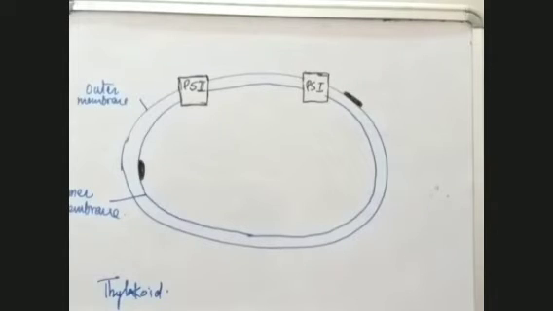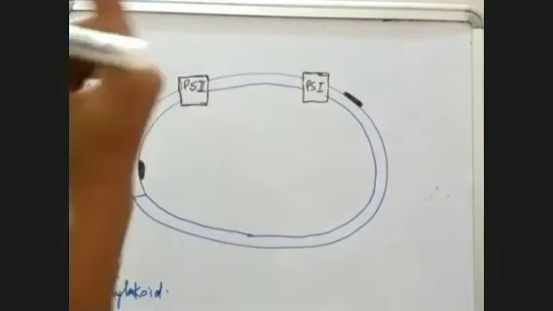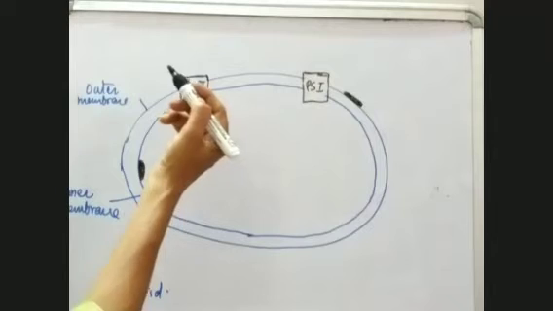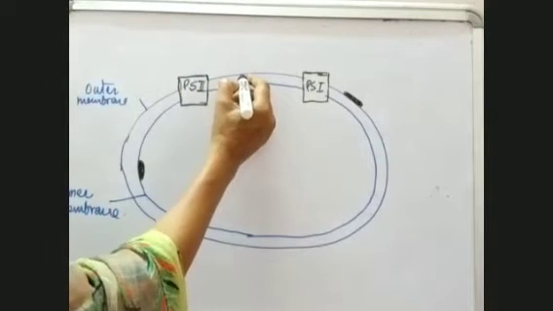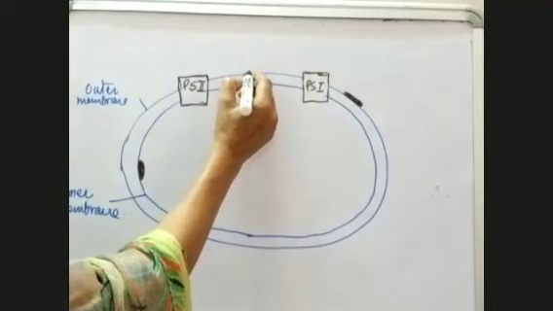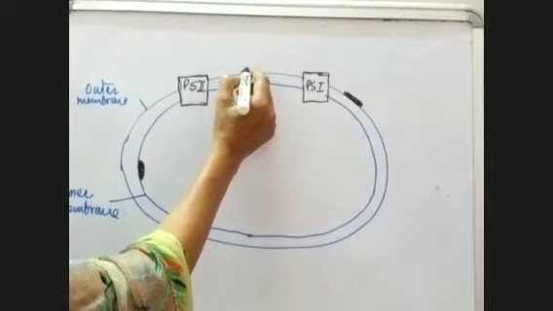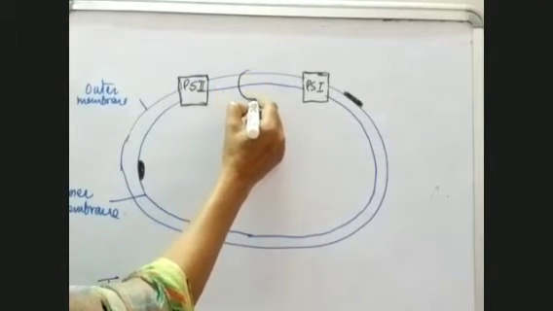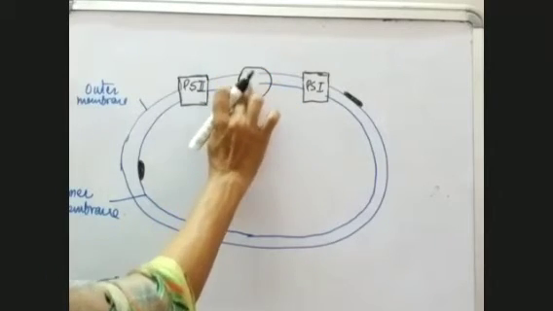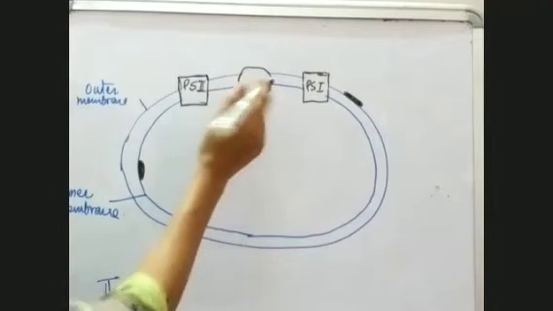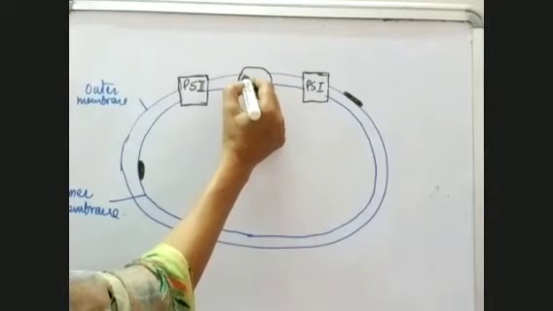First was plastoquinone, then cytochrome, and then plastocyanin. So the most important out of that is cytochrome. So we are going to make cytochrome here. This is the middle complex of electron transport system, which is cytochrome. So we have made cytochrome here.